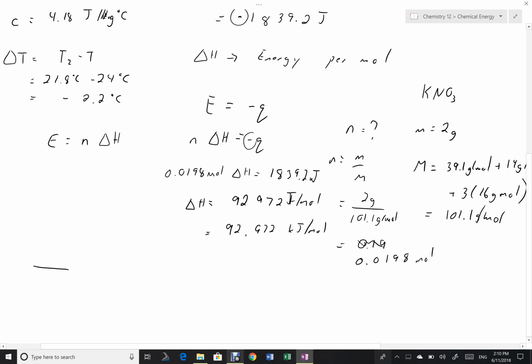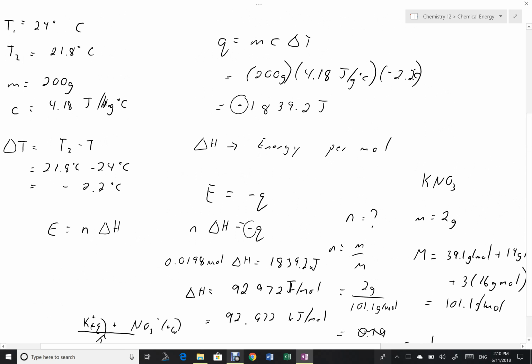If KNO3 was here, breaking that ionic attraction is going to cost more energy than hydrating the K plus and the NO3 minus. So K plus and NO3 minus aqueous are up here. So this is actually going to increase in energy.